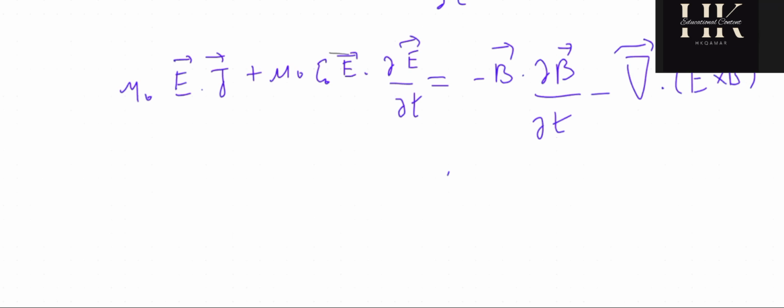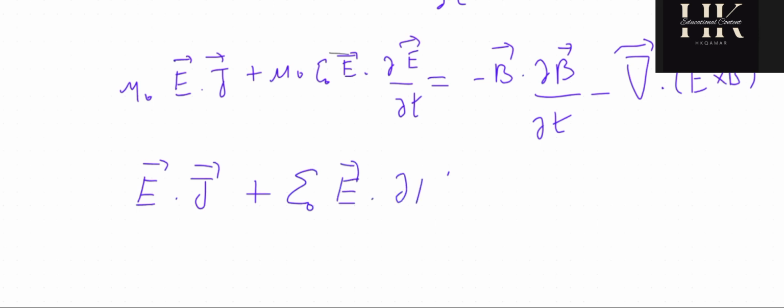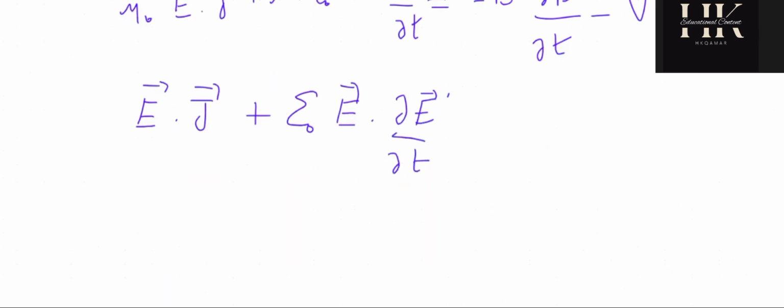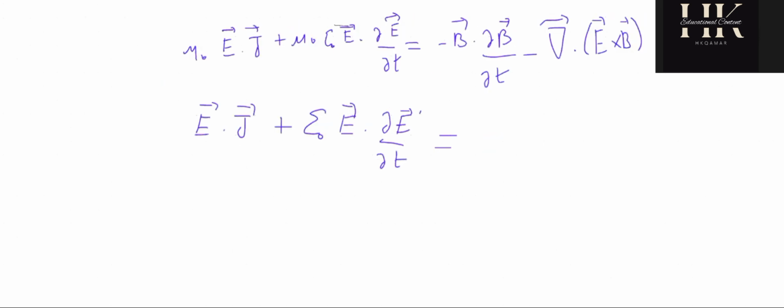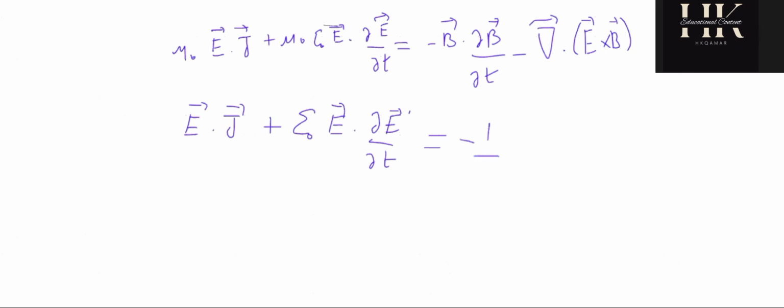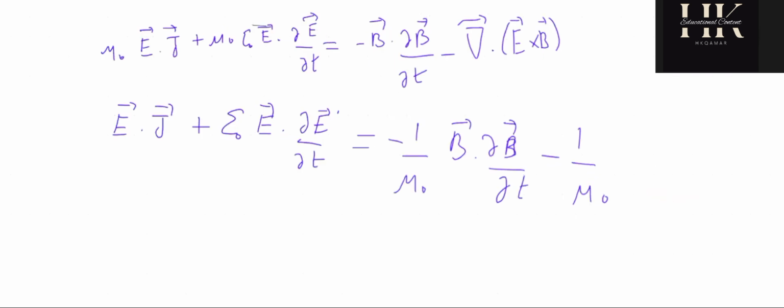Either way, the equation becomes E dot J plus epsilon naught E dot curly E by curly T is equal to minus 1 by mu naught into B dot curly B by curly T minus 1 by mu naught del dot E cross B.